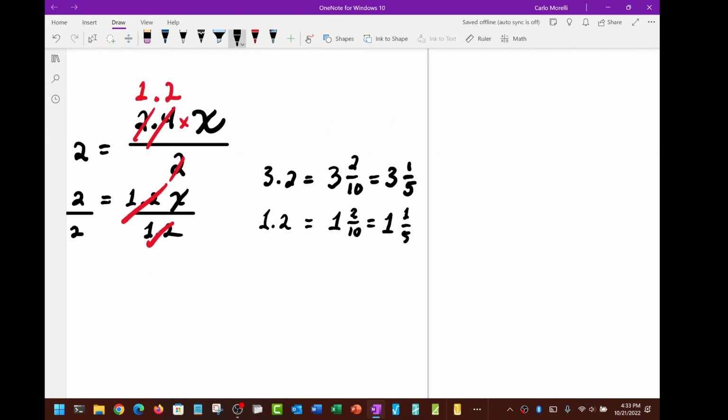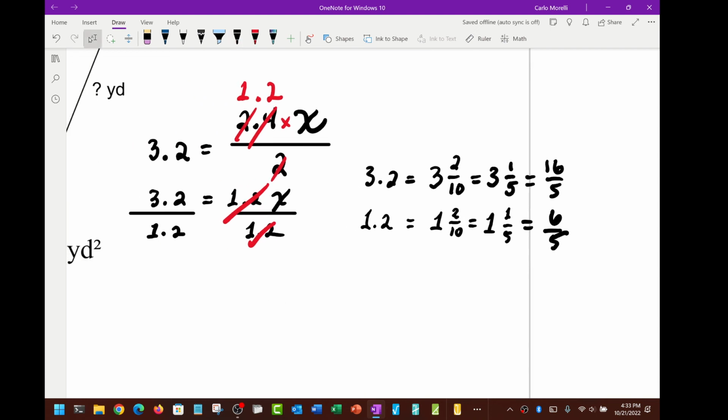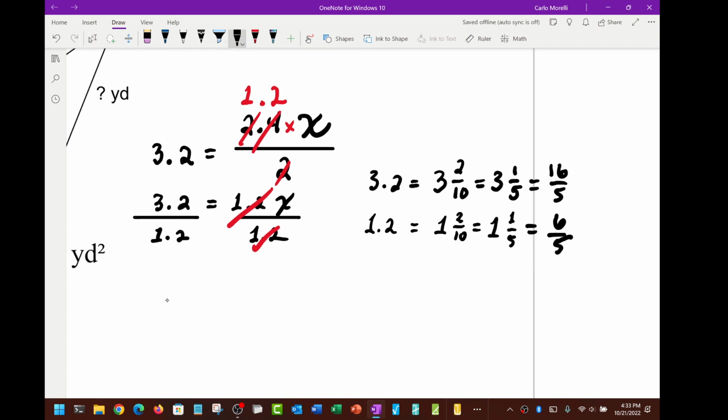Okay, time for a little improper fractioning. 5 times 3 is 15 plus 1 is 16 over 5. So this equals 16/5. 5 times 1 is 5 plus 1 is 6, 6/5. And the dividend here, the thing being divided, is the 16 over 5. The divisor is 6/5.